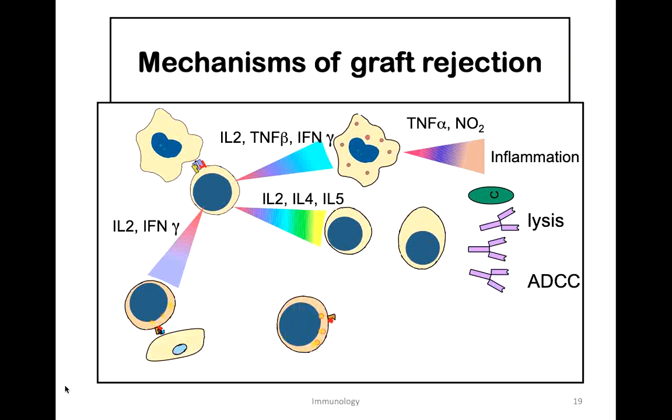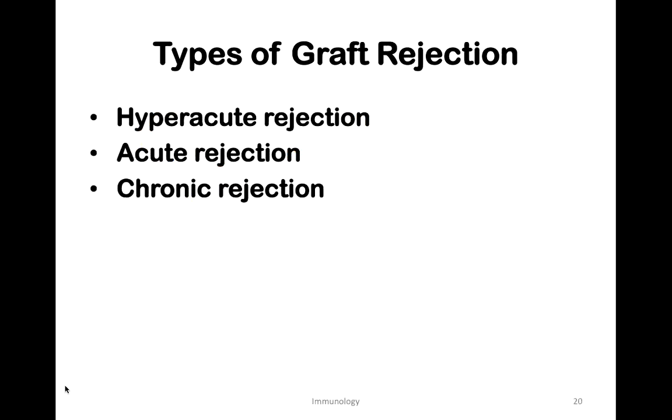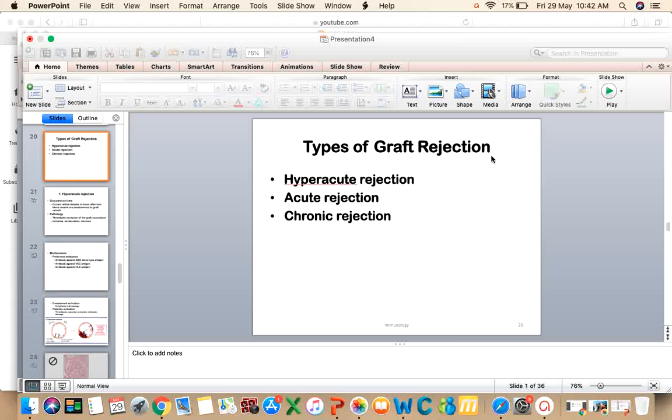First is the inflammatory response, then you have a predominantly antibody response which can cause ADCC, and then you have TC cell recruitment which can actually lead to rejection. I will talk about types of graft rejection. The types of graft rejection are hyperacute, acute, and chronic rejection.